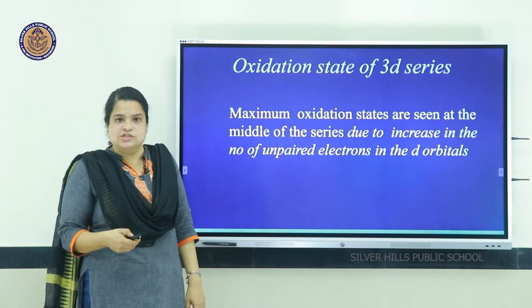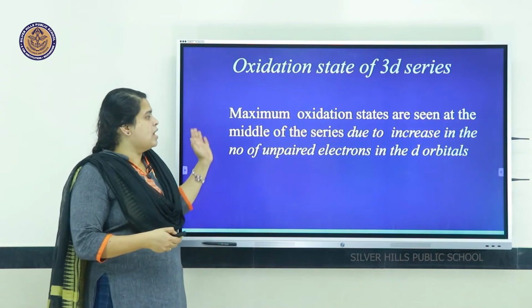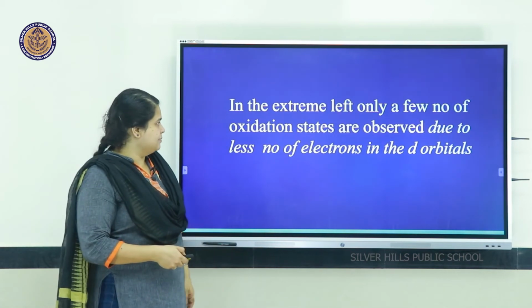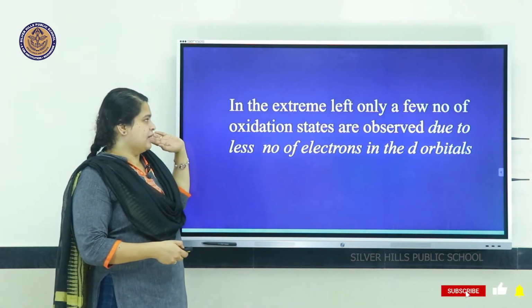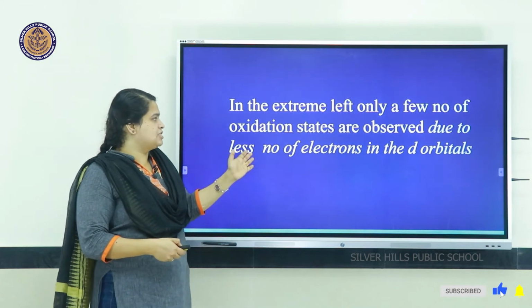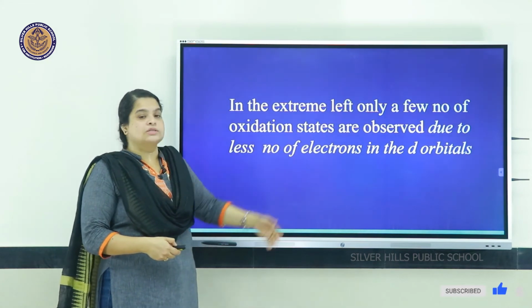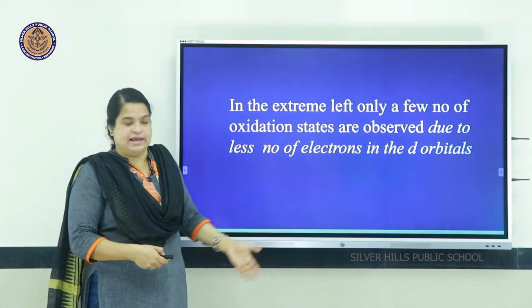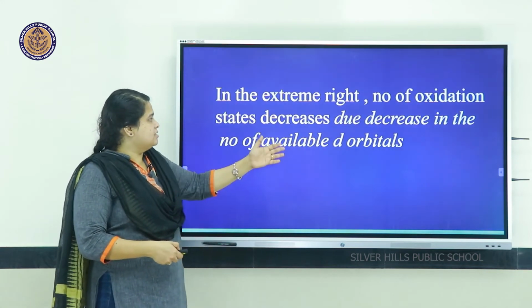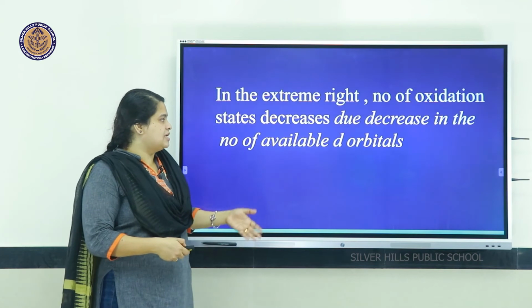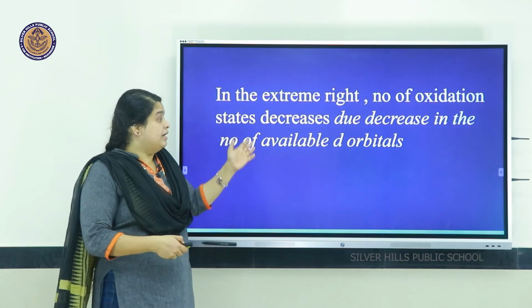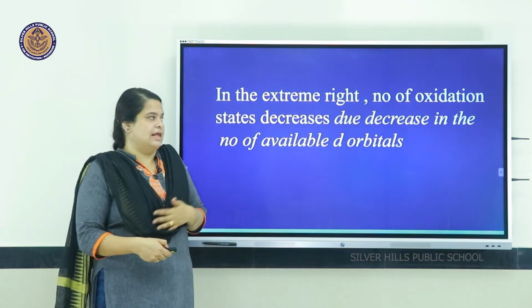Mn is having the highest oxidation state because there are more electrons in the d orbitals. Now in the extreme left, the number of oxidation states is lesser because the electrons in d are less. At the extreme right, the number of oxidation states decreases because again the number of d orbitals available is less.